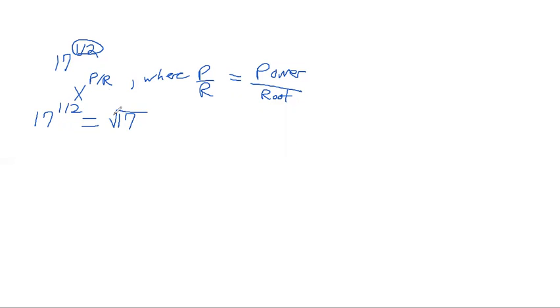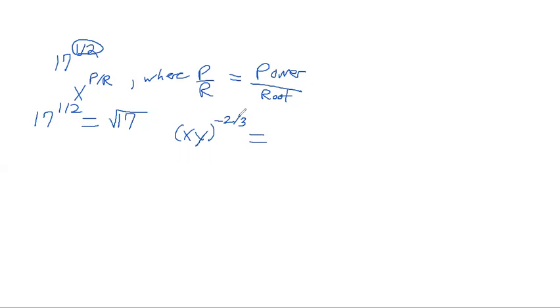And then suppose I have another one that's a little more challenging, where it's xy raised to the negative 2/3 power. So I want to write this in radical form. Well, first off, it's a negative exponent.